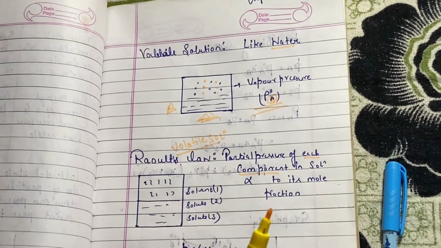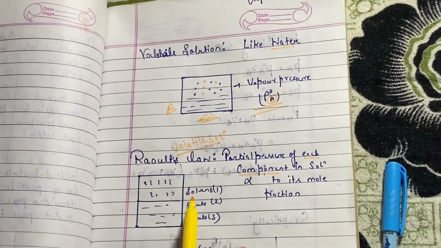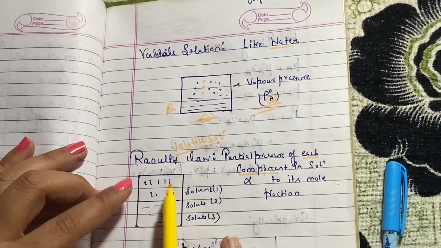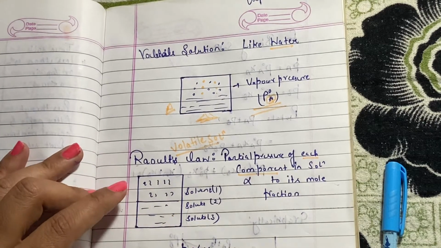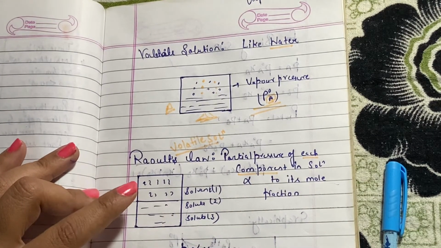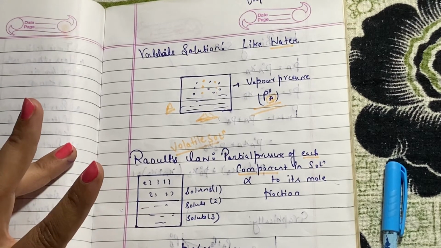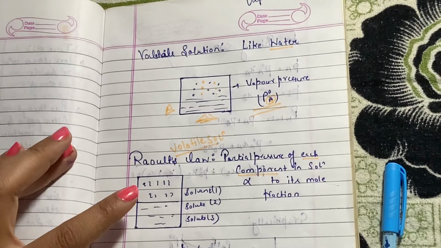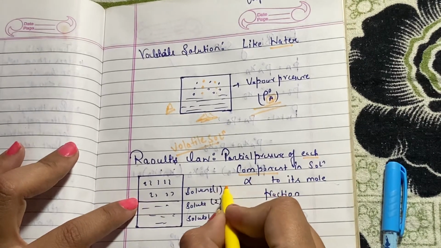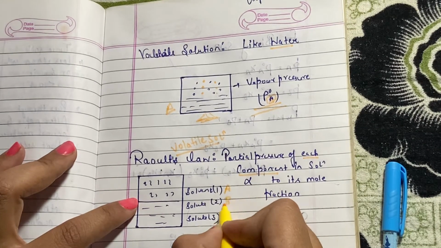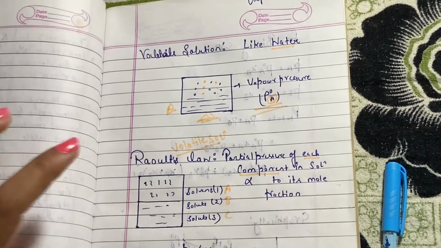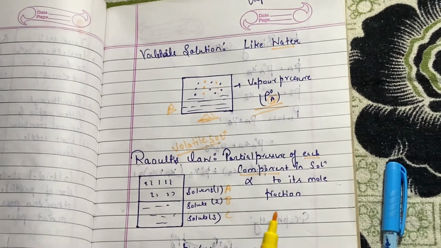If you are confused, just remember Raoult's law and make a diagram like that, and remember that you take solvent 1 and two solutes in that container. For solute 1, you can write solute A, solute B or solute C also, but here I write only 1, 2, 3.